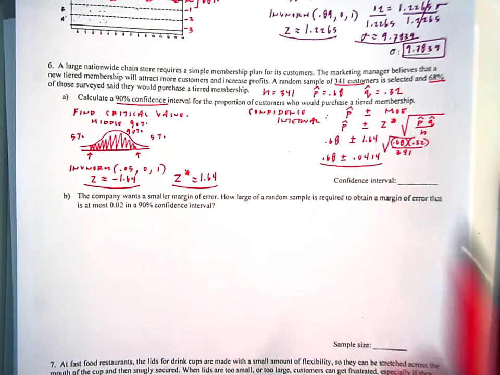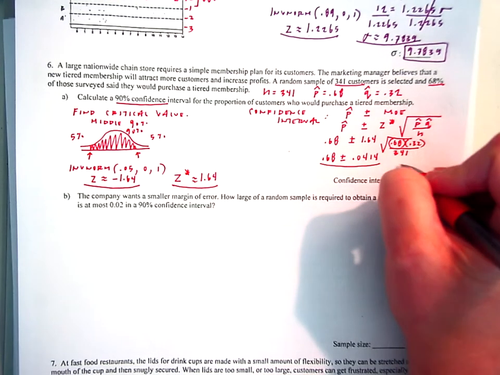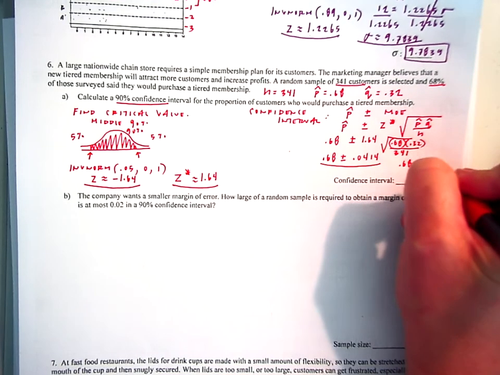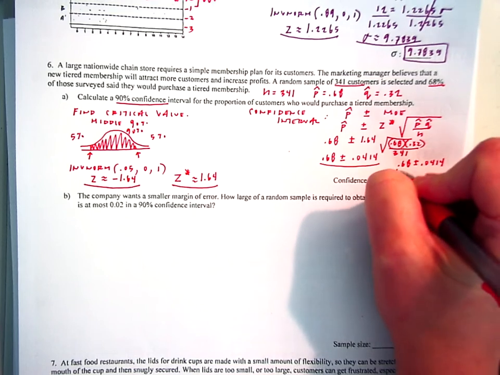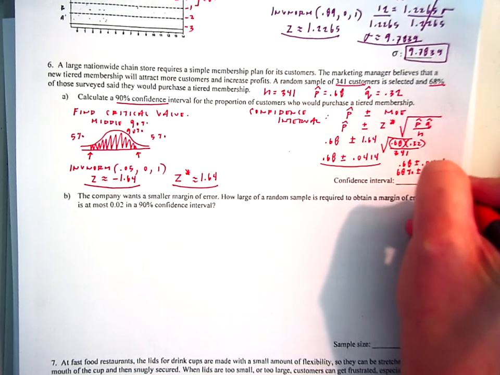We can write it as decimals. We can write it as a percent. We could actually compute it and find the window. So of the three ways, I'll take it as 0.68 plus or minus 0.0414. That's fine. I could say 68% plus or minus 4.14%.